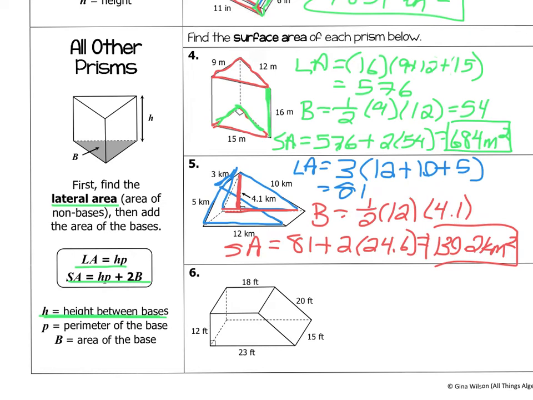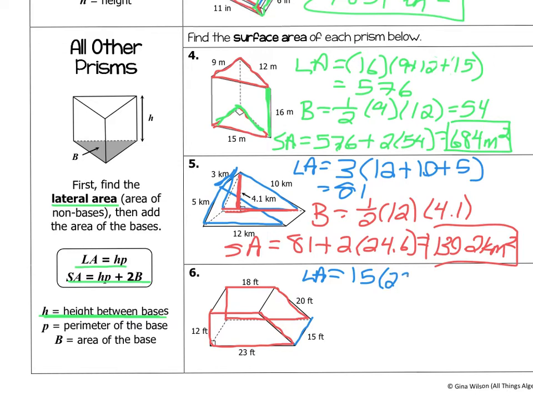Okay, let's take a look at the next one. So first I want to look at what my bases are. These two right here are my bases. So for lateral area, I'm going to go the height between those two, which is 15, and then the perimeter of the base.